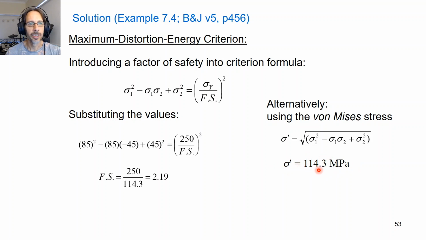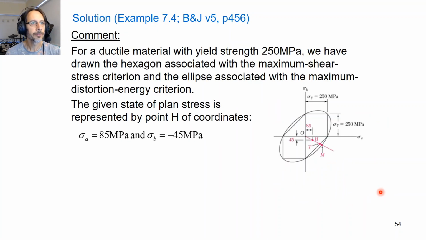And we'll see that that value is 114.3. And the factor of safety is the yield stress, or the failure stress, divided by the stress that we've got from our design loads. We get the same as we've got over here, so a factor of safety of 2.19.